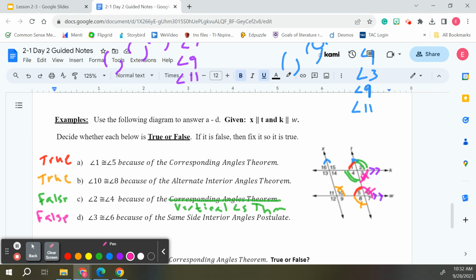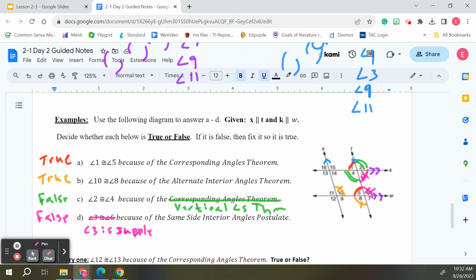Very good. So we're going to replace this with angle 3 is supplementary to angle 6. There we go.